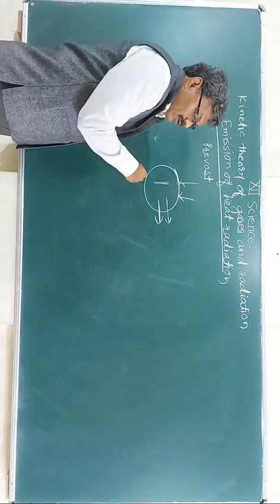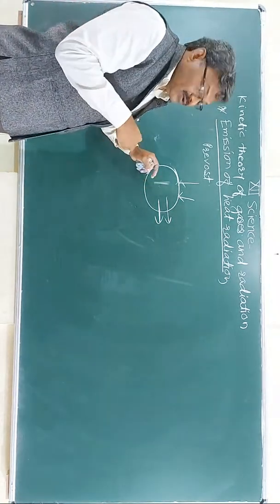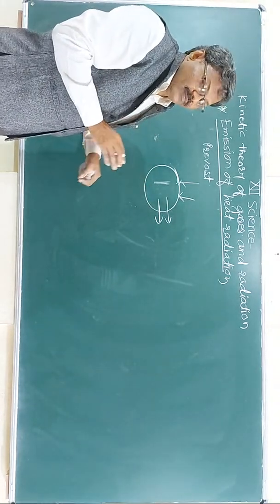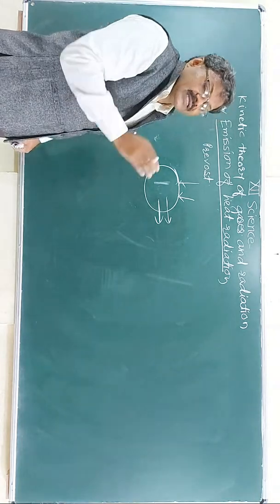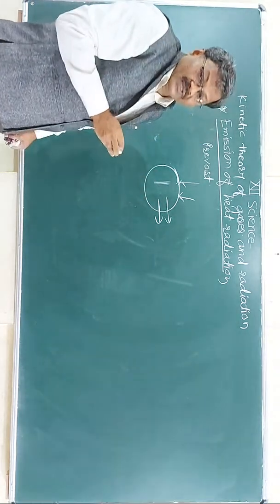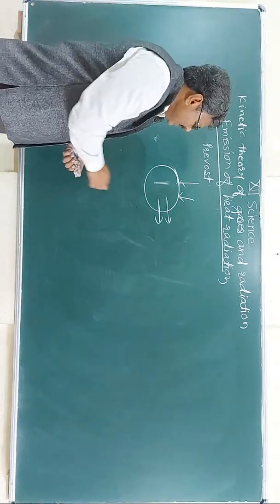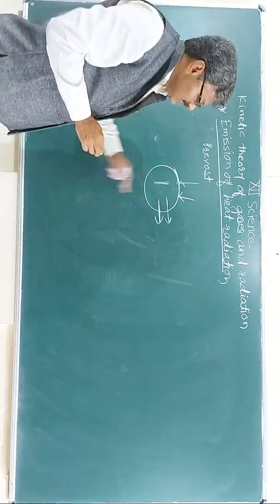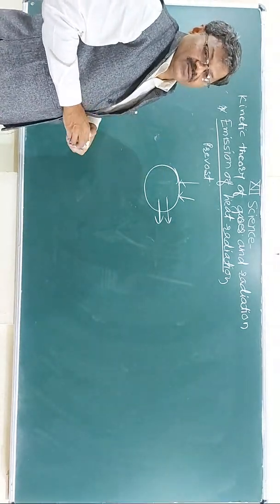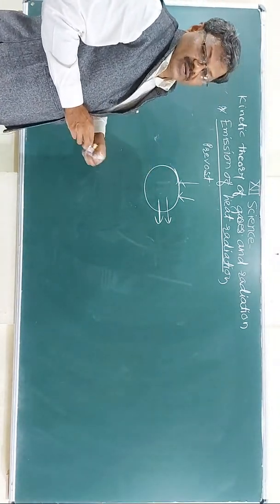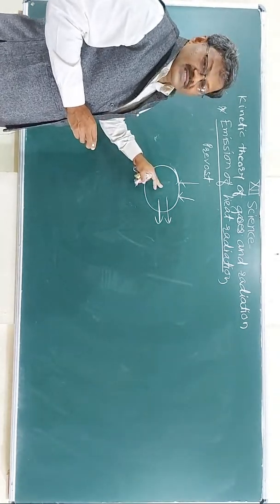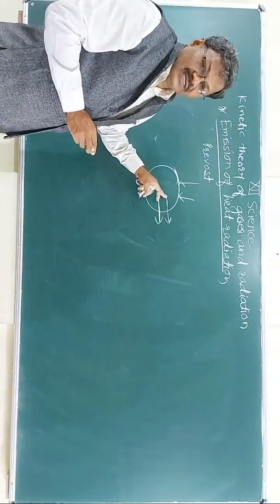If the rate of radiation or emission is the same as the rate of absorption, meaning emitted energy is equivalent to absorbed energy, then there is no change in the temperature of the body. The temperature remains constant, and this is known as thermal equilibrium. Then we can say that the body is in thermal equilibrium with the surrounding.